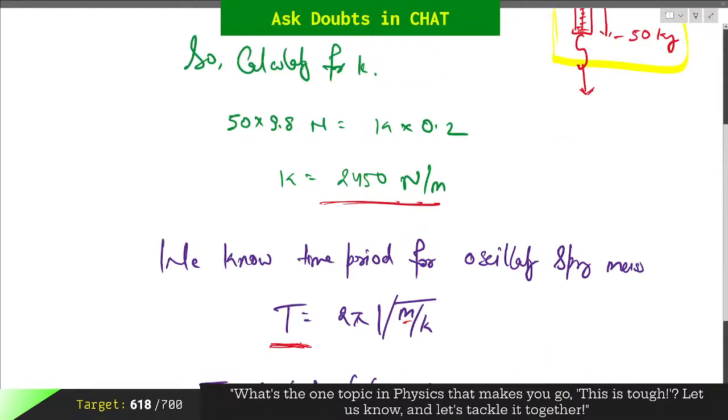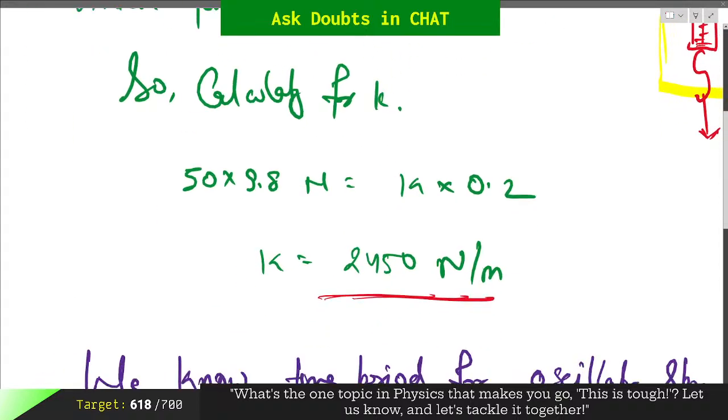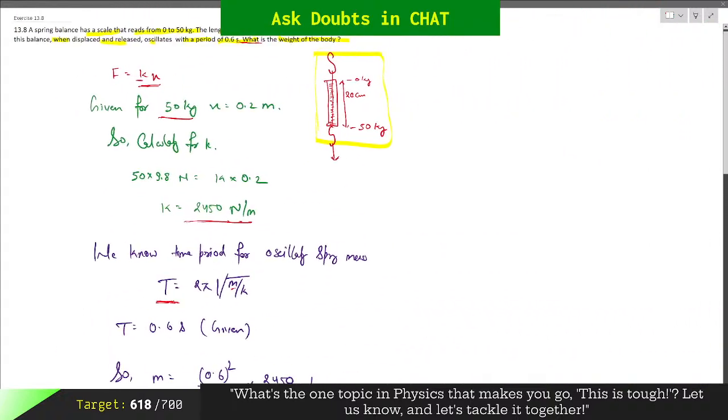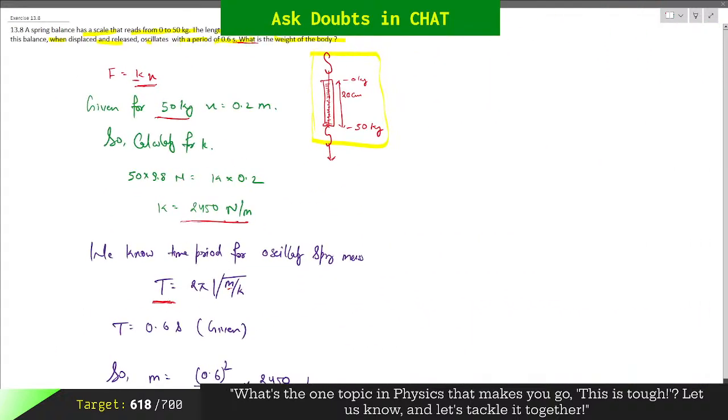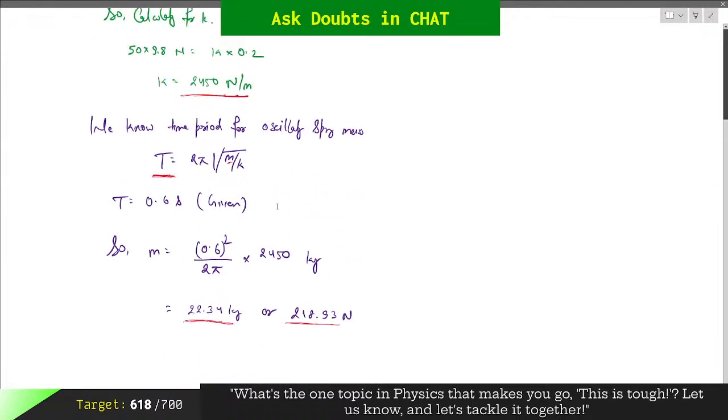the weight of the body, given the time period is 0.6 seconds.